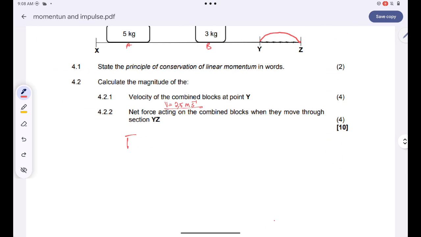So I can simply say F net multiplied by delta T is equal to the change in momentum. I can rewrite this: change in momentum can be written as M times (VF minus VI), all over delta T.